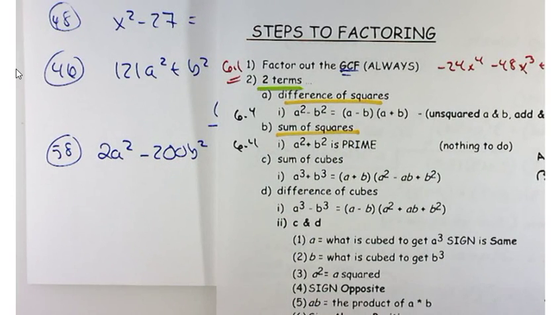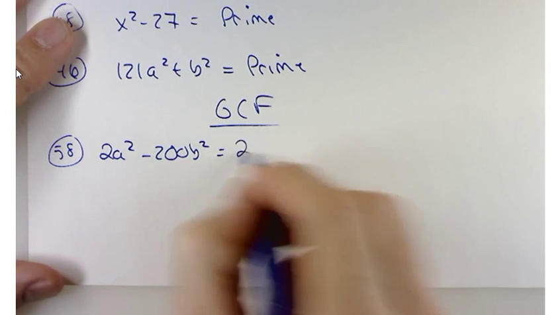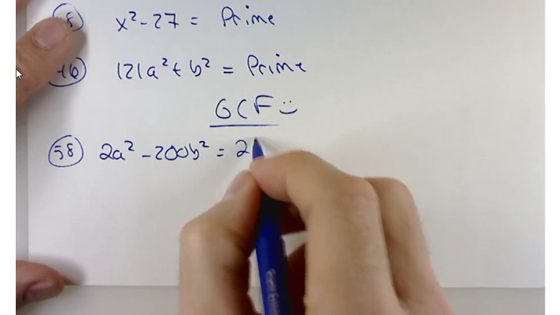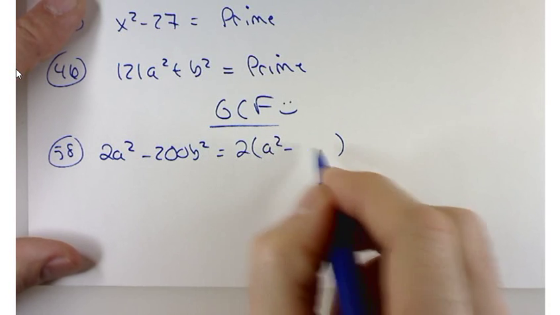Yeah. Factor out the GCF here, right? That's this part right here. Factor out a 2. What would that leave behind? Perfect. A squared minus 100b squared. That 2 divides both of those terms. We can continue factoring this now, right? You should recognize the difference of squares here.